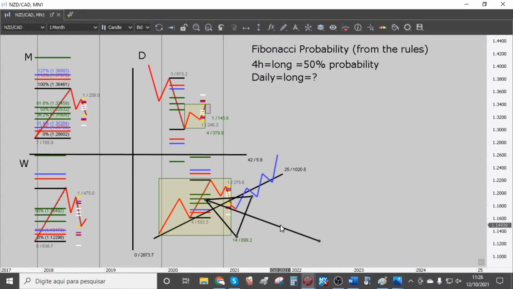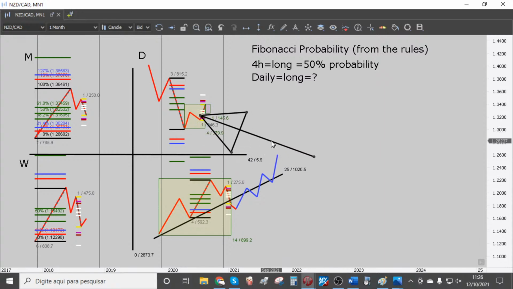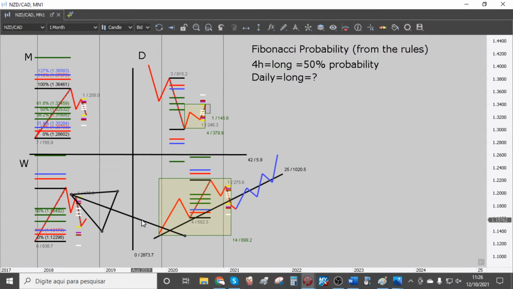See, you are looking at exactly the same thing, just from different time frames. The 4-hour chart is a structural part of the daily chart. The same way the daily chart is a structural part of the weekly, and the weekly is to the monthly.